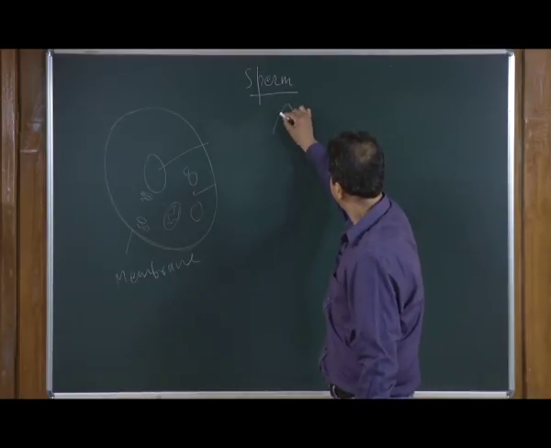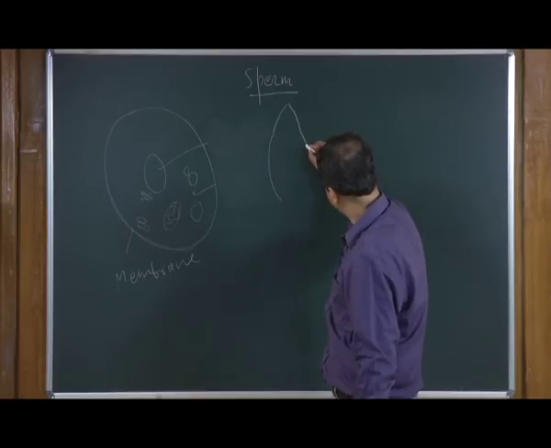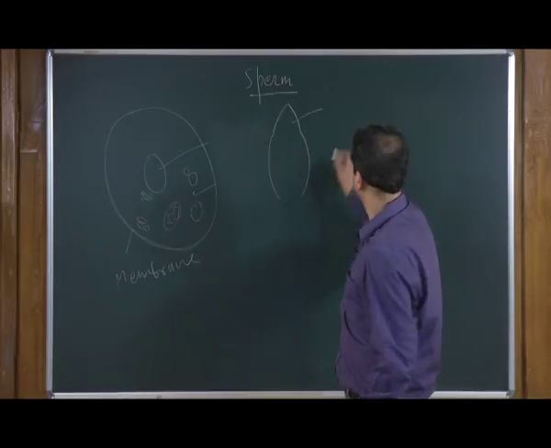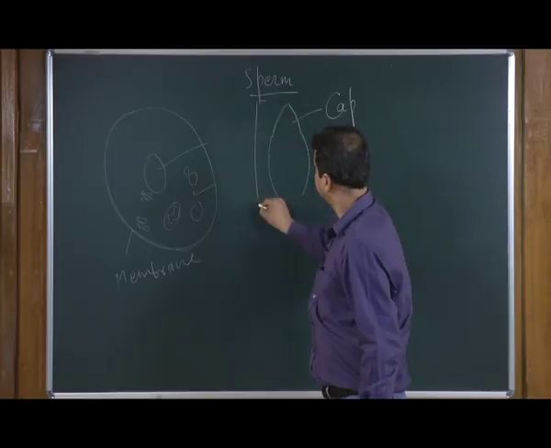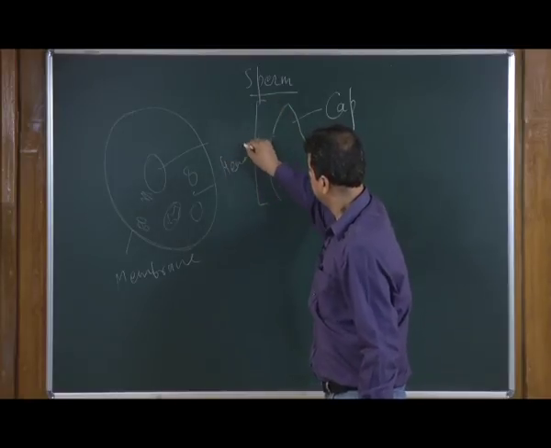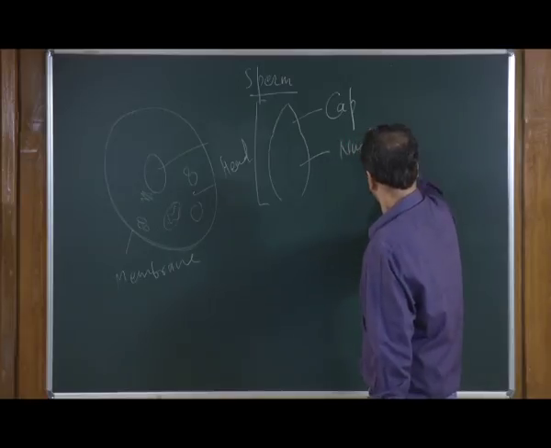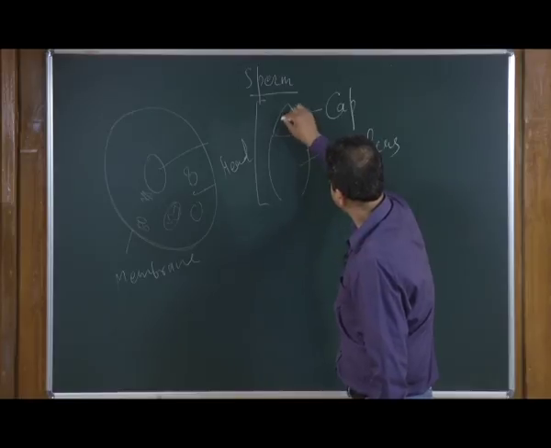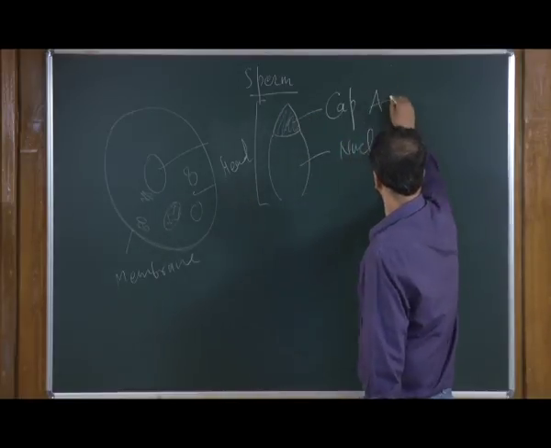Now, this head region is having a distinct kind of shape, and this is the cap portion, and this is what you call the head region, complete head region, and this is what we call the nucleus, and in the cap we have the structure called acrosome.